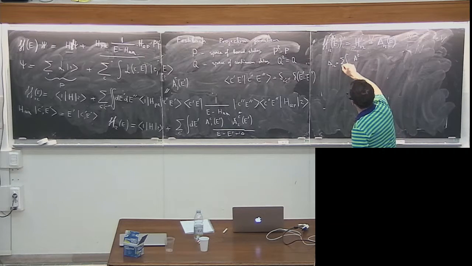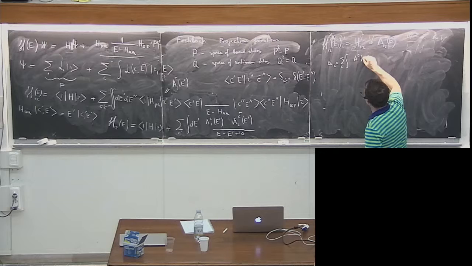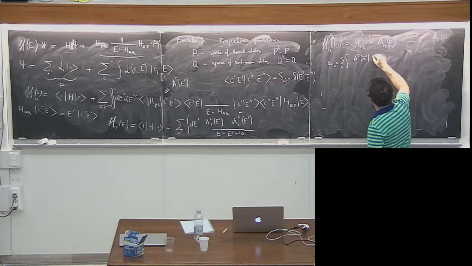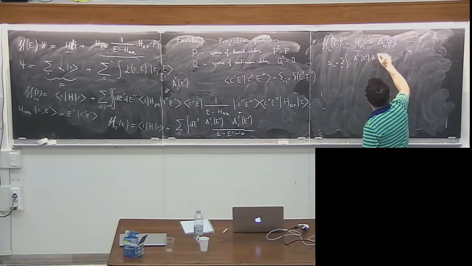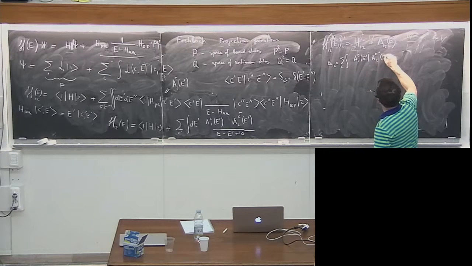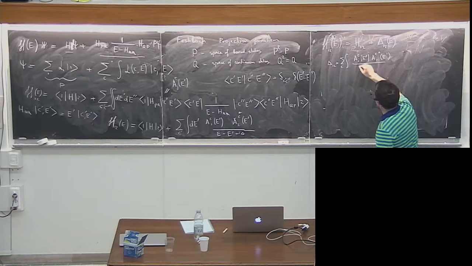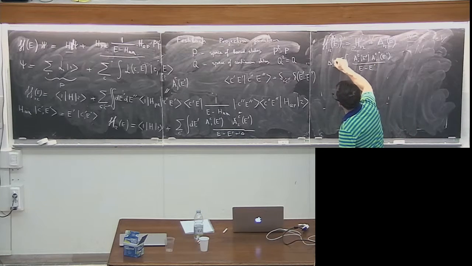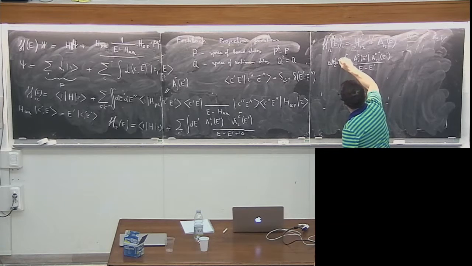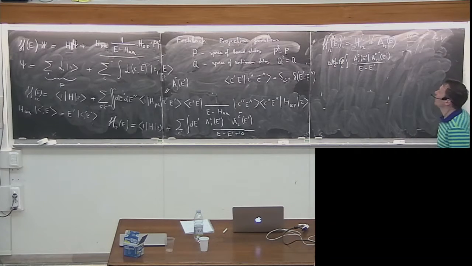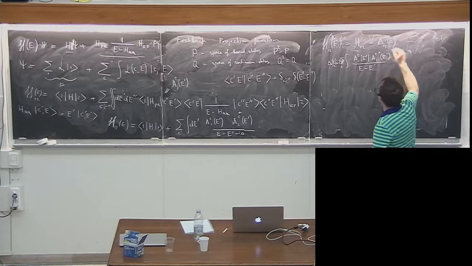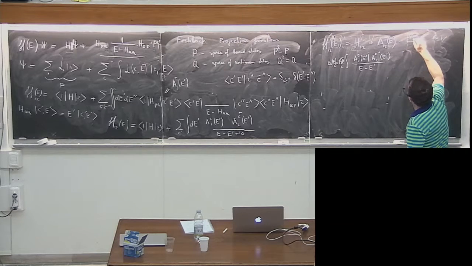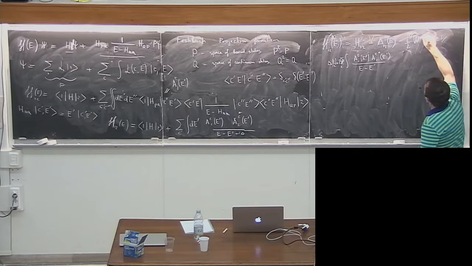So it's a summation over all channels, an integral over all energies E prime, A_C 1, 2, star, E prime. And here we have E minus E prime. This is a function of E. And this is a principal value integral. Okay, and then minus i over 2 W of E.